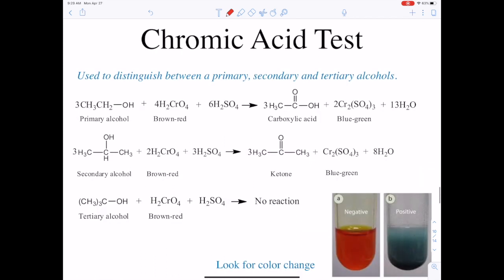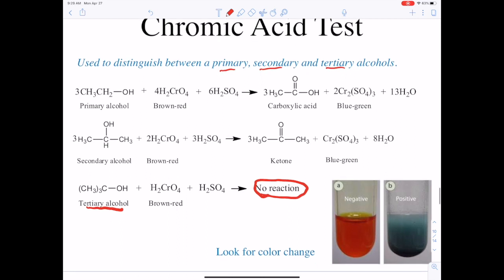The next test that is used to distinguish between primary, secondary, and tertiary alcohols is the chromic acid test. And here we see the opposite trend. Tertiary alcohols give no reaction, but secondary alcohols and primary alcohols do. And this is what you look for.